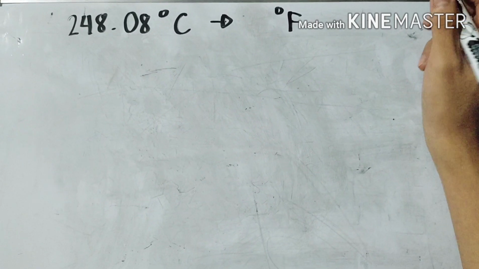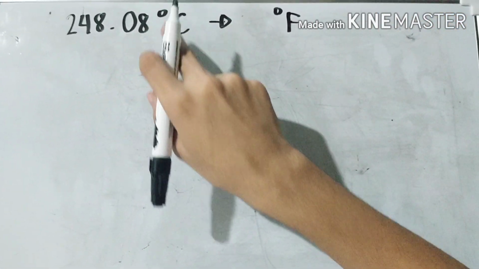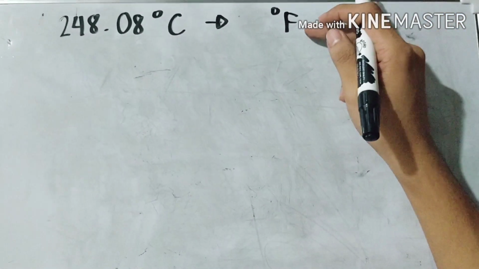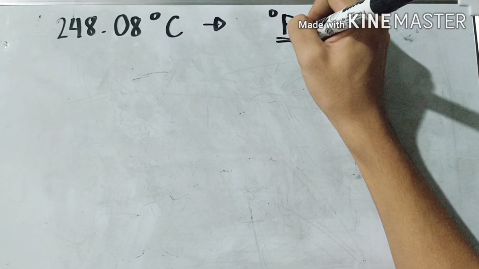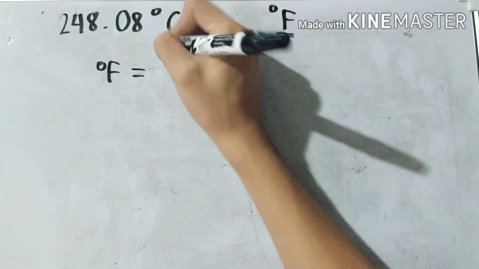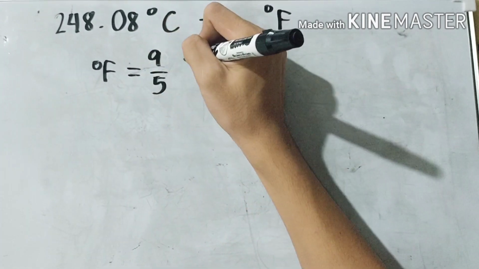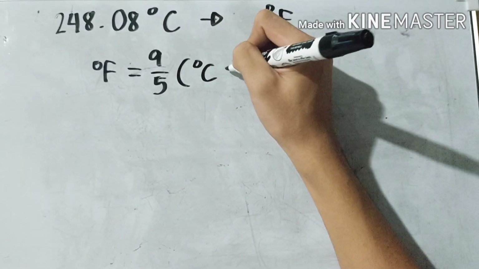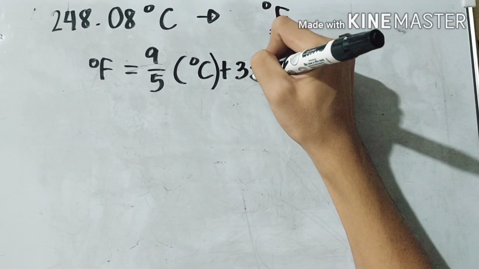Okay, vice versa naman tayo. So, 248.08 degrees Celsius, convert it to degree Fahrenheit. So, since we are looking for degree Fahrenheit, the formula is degree Fahrenheit equals 9/5 multiplied by degree Celsius plus 32.